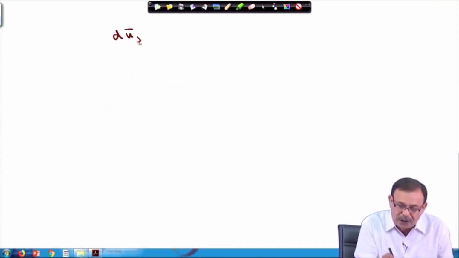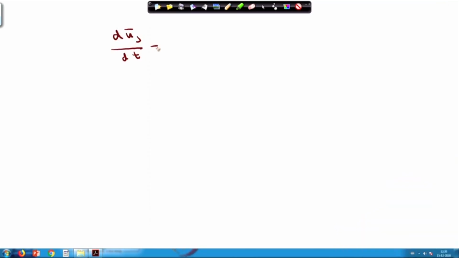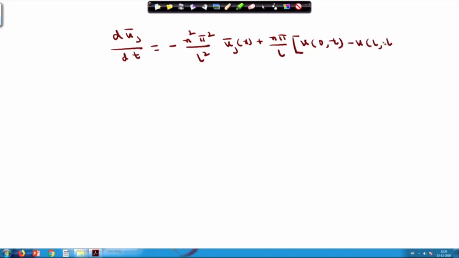So, you will obtain d u bar s dt. Second term I am writing first, minus n square pi square by L square into the given integral, as I told, it is nothing but u bar s, which is a function of x, plus if I put the limits on the first term, you will obtain n pi by L into u 0 t minus u L t into cos n pi.